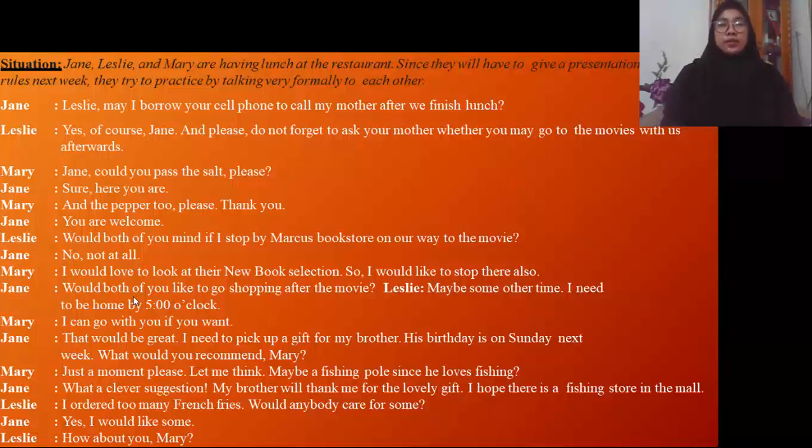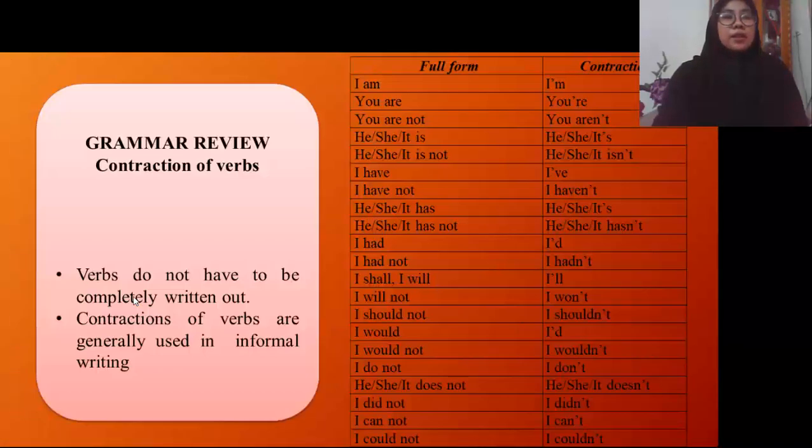based on this conversation. Then, the grammar review related to contracted words. Contraction here is a kind of word where the verb doesn't have to be completely written out.